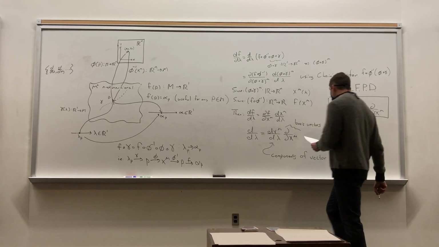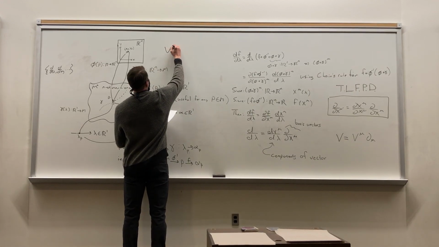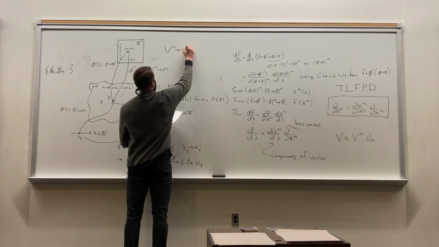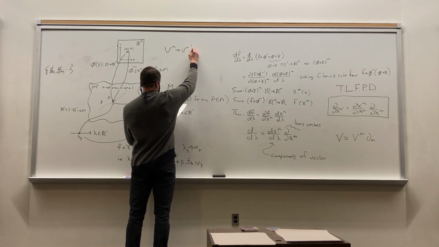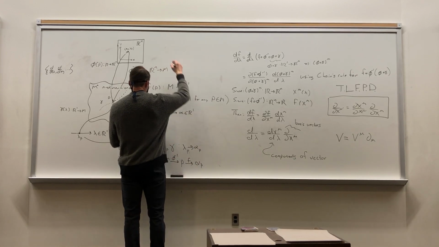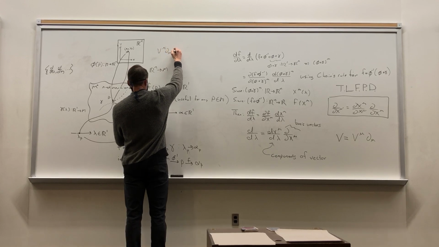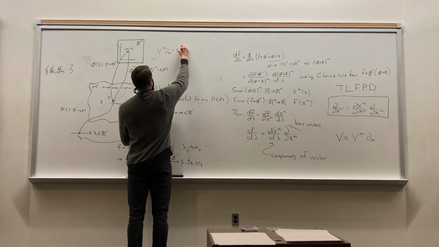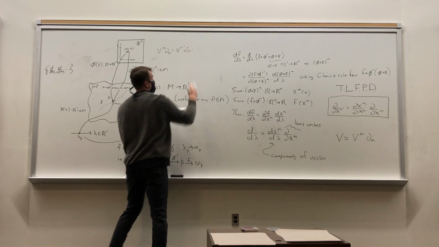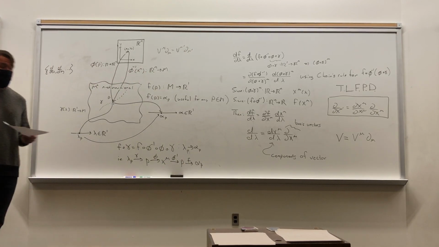So what we can say is, V mu goes to V mu prime, V mu partial mu equals V mu prime partial mu prime. That's the total vector. The total vector doesn't care what coordinate system you use.